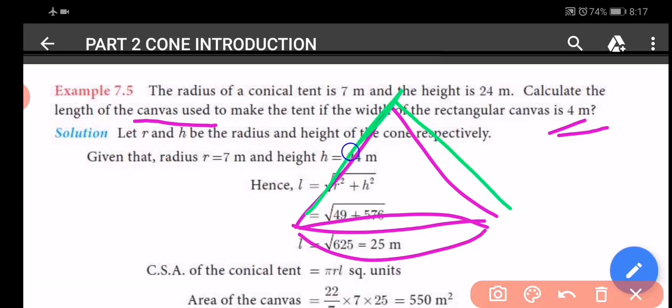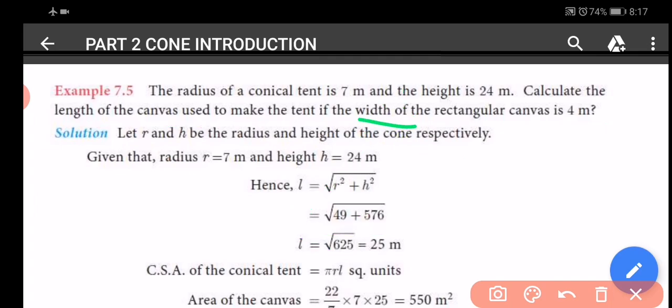That means the canvas is used to close the conical tent. So how much length of canvas is used? That is asked in the question. Here what is given?